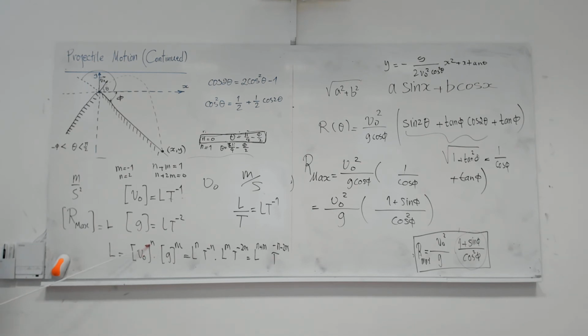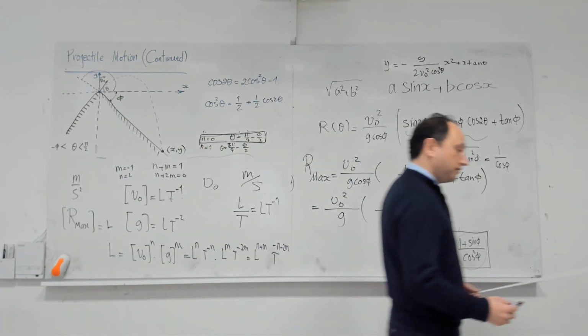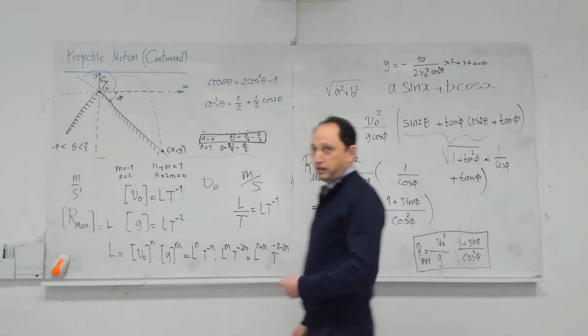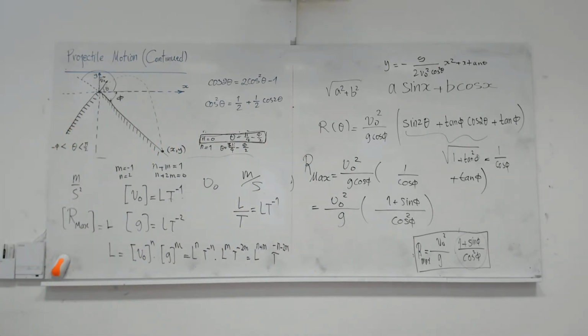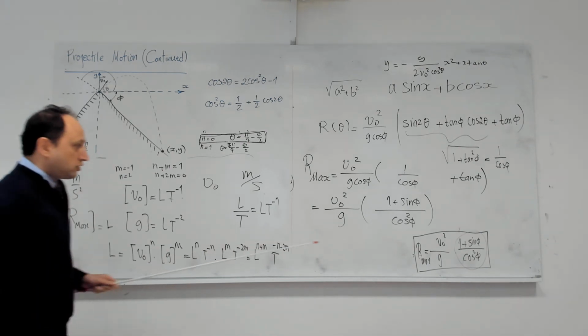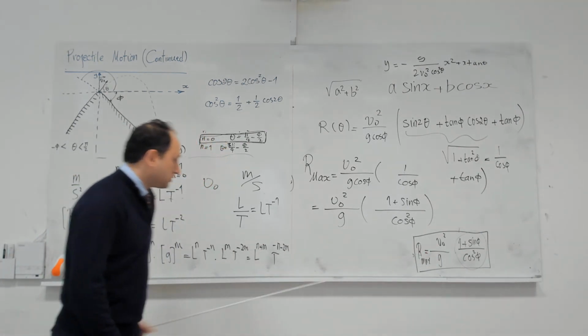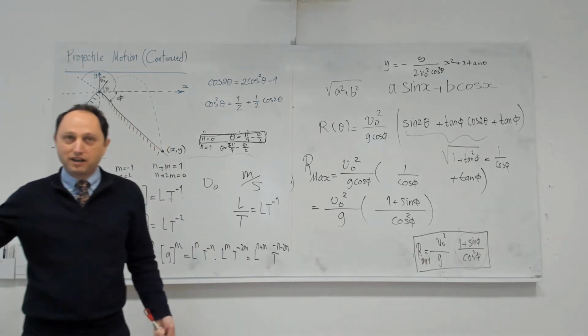So V should appear to the power of 2, and G should be to the power of minus 1, which goes to the denominator. So this is a really powerful trick in physics, and you have to be very careful and sensitive. It has saved my life a lot, because some calculations are really lengthy. For example, if I get G upstairs, I immediately realize there is a mistake. I have to go back and check.